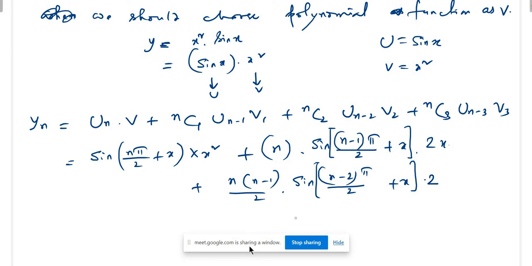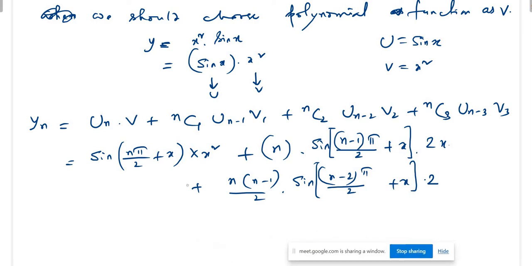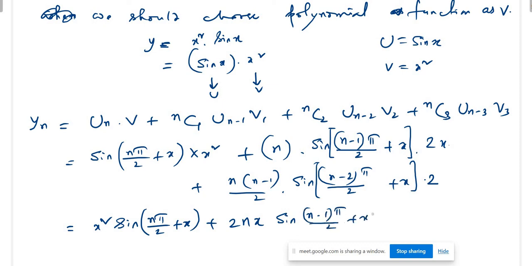so this is the last term. After simplification it will be something like x square into sine of n pi by 2 plus x, plus 2nx sine of n minus 1 times pi by 2 plus x, plus, so 2 will be cancelled, n into n minus 1 into sine of n minus 2 times pi by 2 plus x.